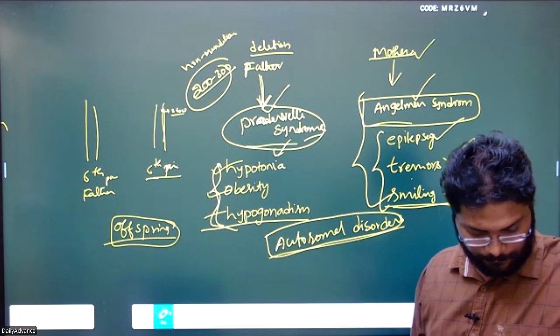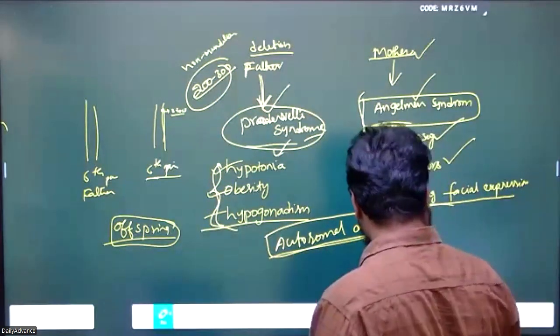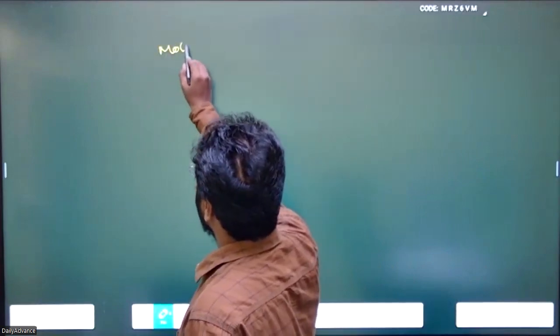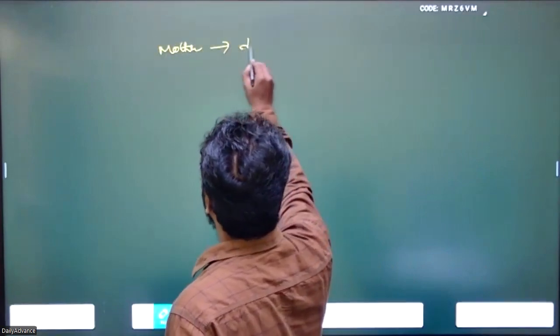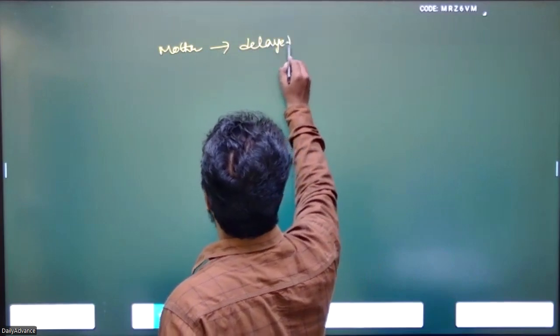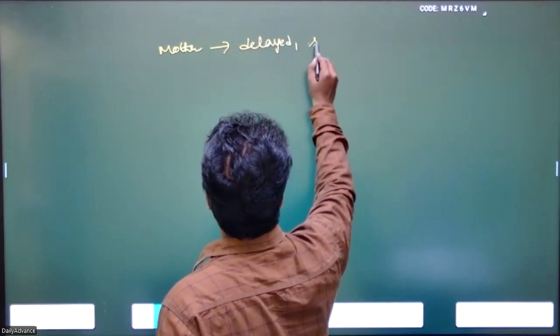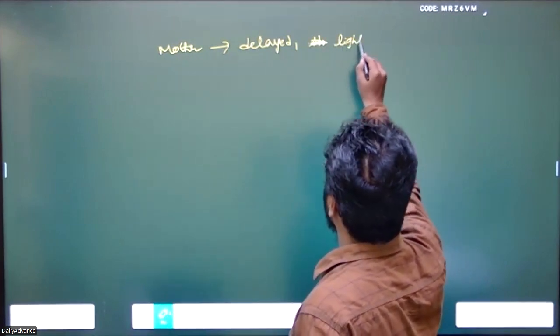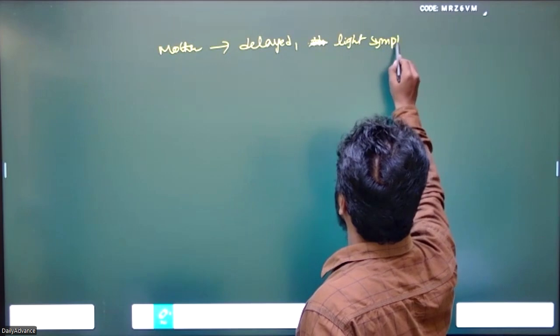Yes, sir. Okay. So now we can say that if a gene is from the mother, there is delayed expression, so slow or light symptoms.